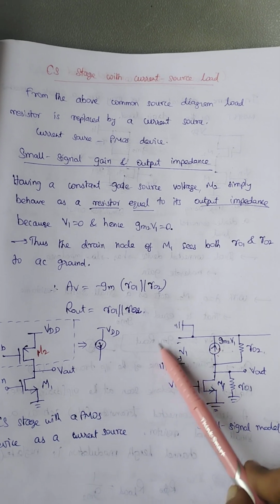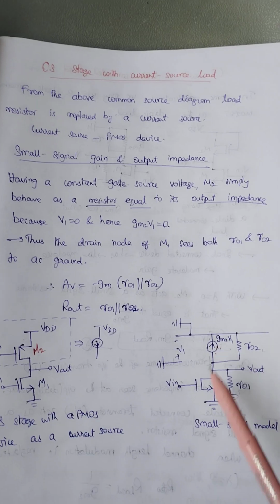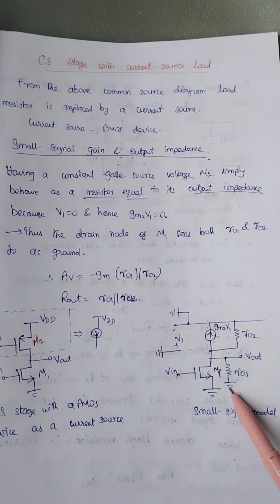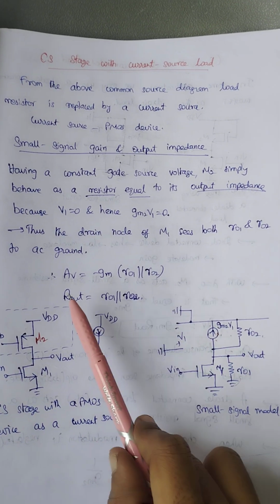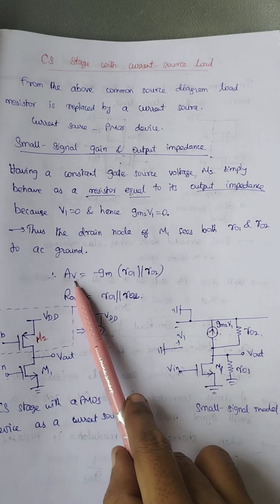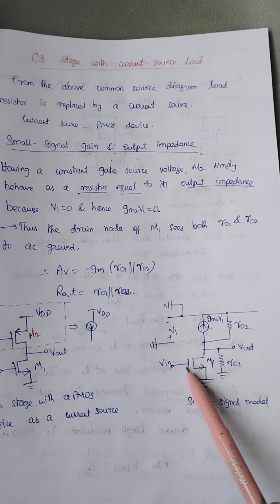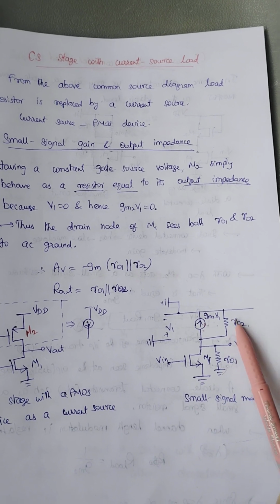Here we are considering V1 equal to 0, so gm2 V1 also becomes 0. So the drain node of M1 sees both RO1 and RO2 to AC ground. So the gain AV is equal to minus gm1 into RO1 parallel RO2. This is my gain.